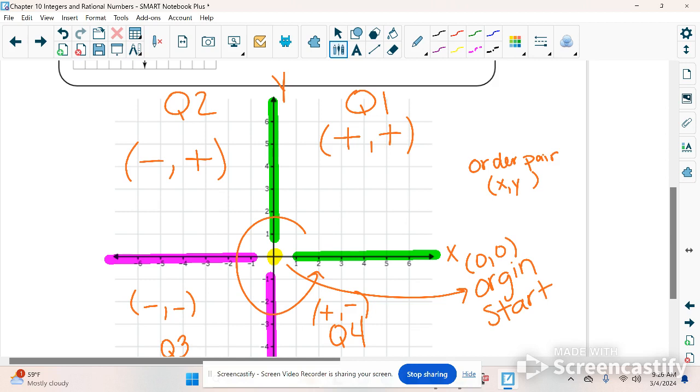Ready? 1, 2, 3. Start at zero, left or right, then go up or down, plot the point. Demar's mom was not singing and neither was CJ, so we have to do it 2 more times.